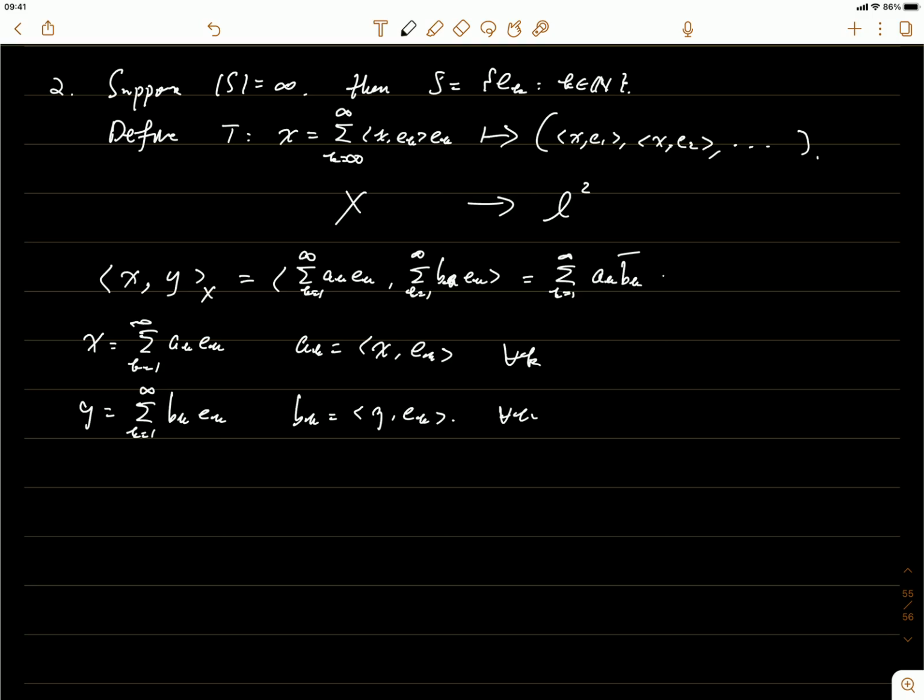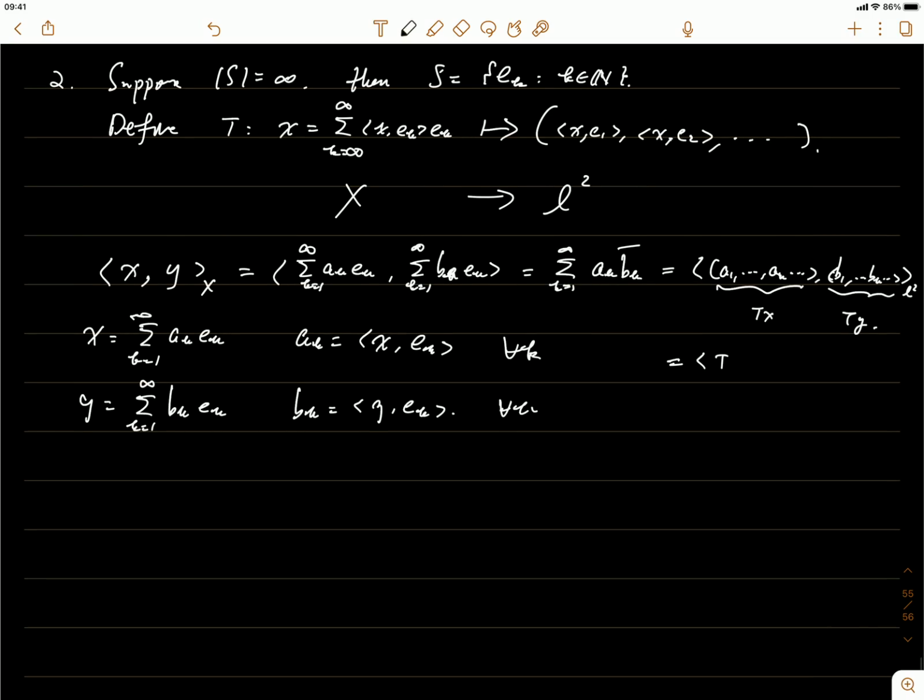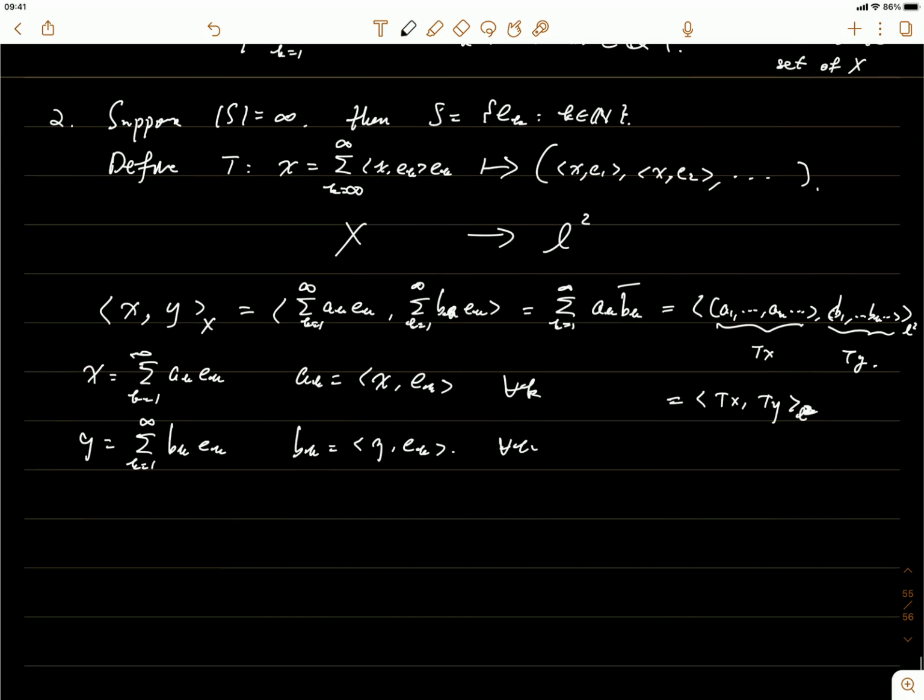Either way, this sum of a_k b_k you can treat as the inner product of (a1, ..., a_k, ...) and (b1, ..., b_k, ...) in the L2 space. According to our definition of T, this is just Tx and this is just Ty. So that's essentially the inner product of Tx and Ty in L2, and that's why T is an isomorphism.